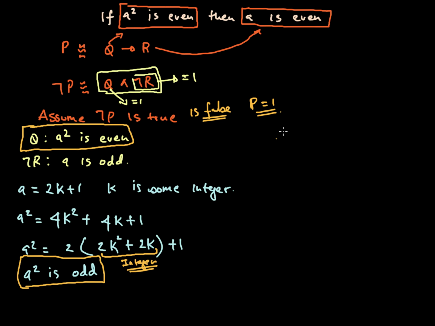Keep in mind that in contrapositive, if I have a statement that I'm trying to prove, if Q then R, this is also equivalent to saying if not R, then not Q. And by starting with the statement not R, I have come to not Q, which is this piece over here. Because if Q is the statement a square is even, then not Q is the statement that tells you a square is odd.